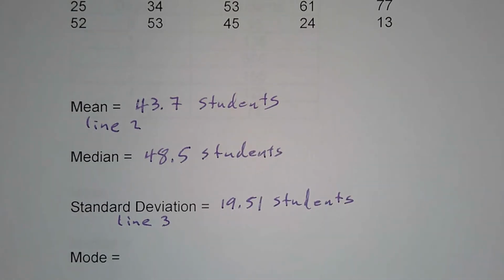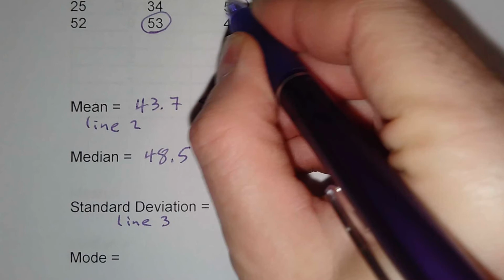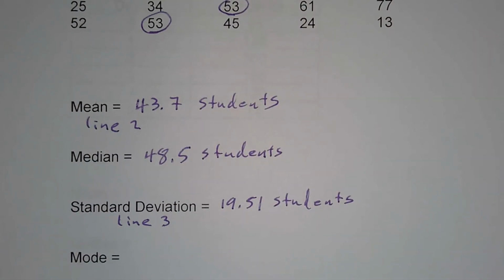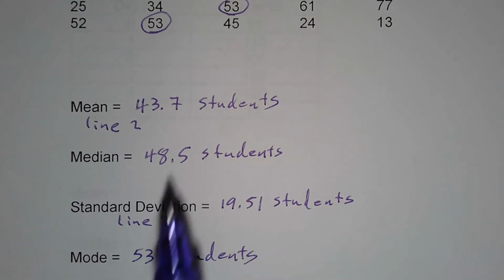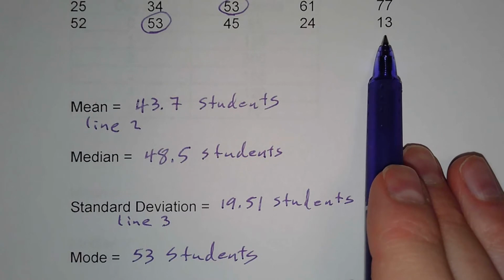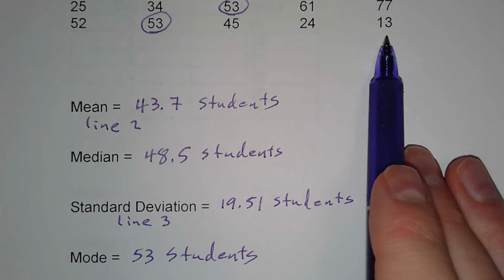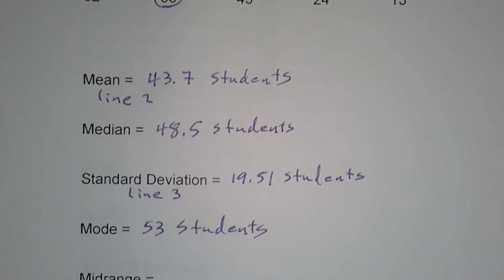Okay, so if we figure out the mode, well, we have 53 here occurring twice. Everything else is occurring once, so our mode is 53. And then our smallest data value is 13. Our largest is 77.